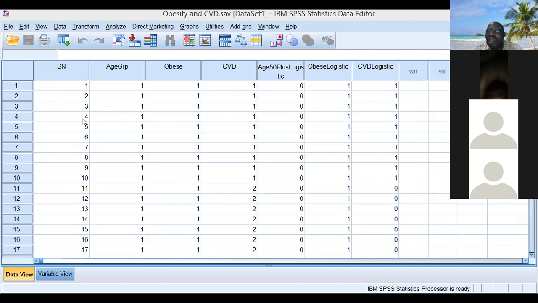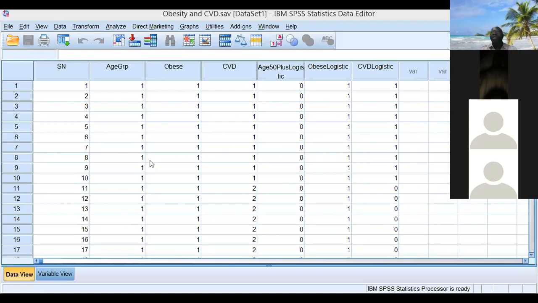This first one, we are going to use for now. If you use this one for logistics, it will give you a wrong answer. If you remember the 2 by 2 table, A, B, C, D, they have addresses. So what I did to code obesity and CVD is obese 1, not obese 2, so that it will arrange the obese in A and the not obese in B. If I use 1 and 0, it will put the not obese in A and the obese in B. So you need to know how to enter your data.